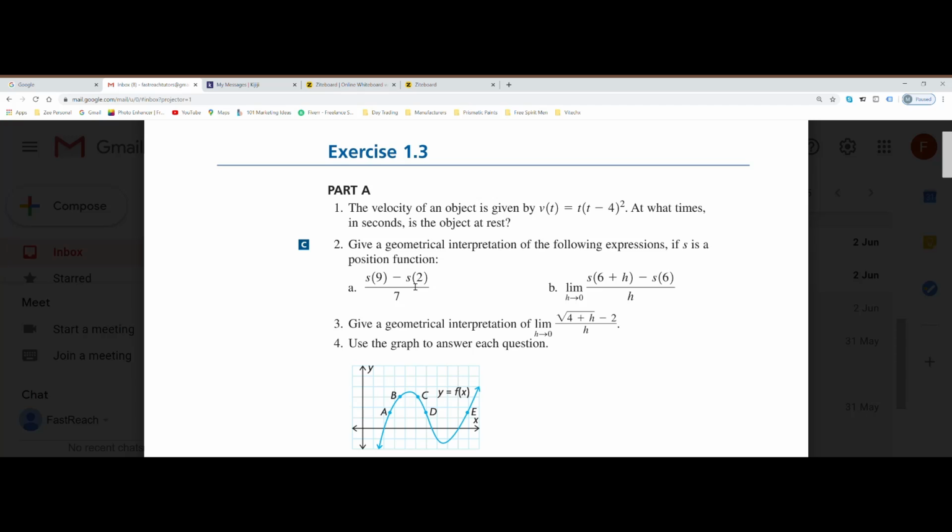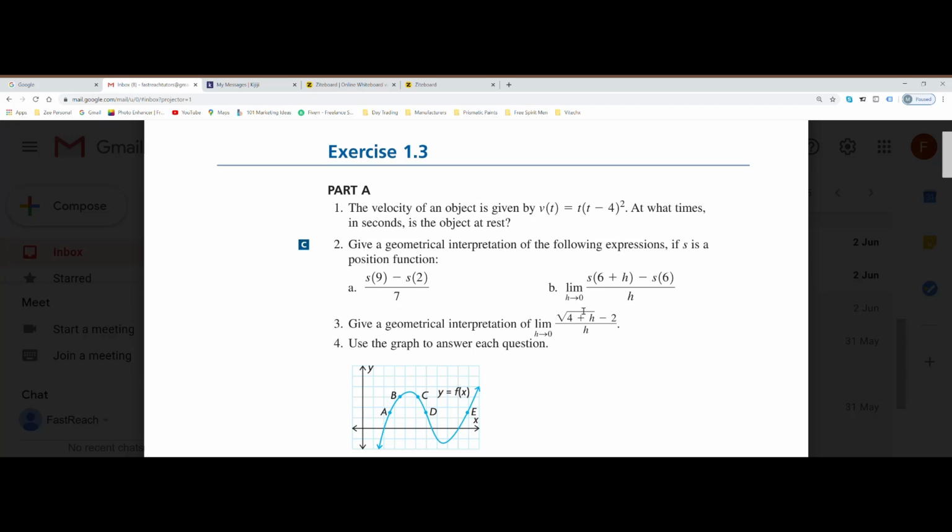You're finding the slope of a secant between point 9 and point 2, the distance at 9 and the distance at 2, and the change in time is equal to 7.